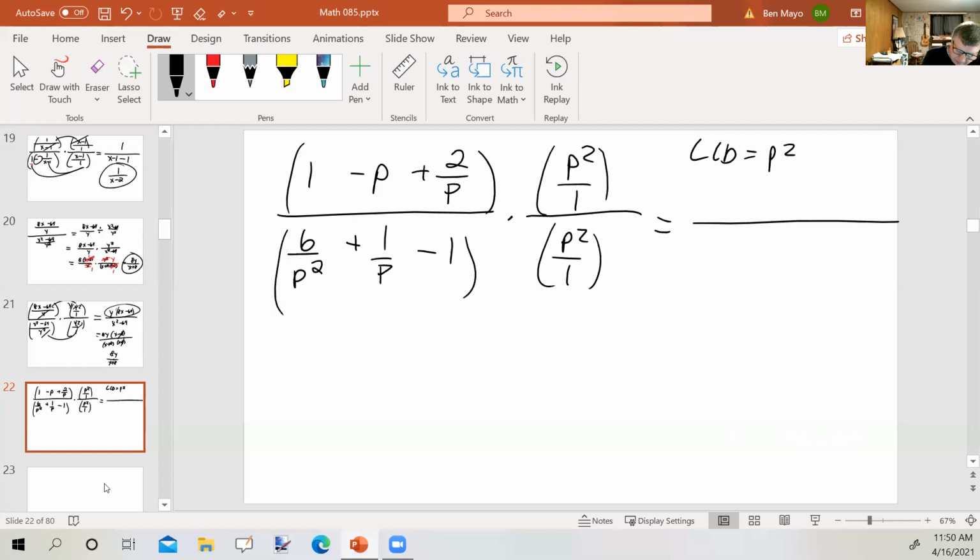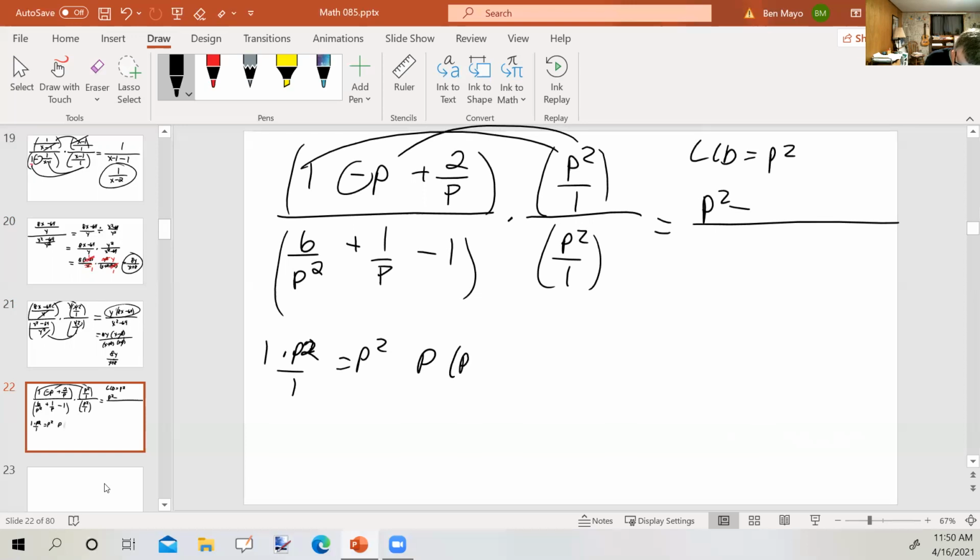Okay? So 1 times p squared over 1 is just going to be p squared, and then minus p times p squared over 1, which would be p cubed, and then plus 2 over p times p squared over 1, which would be minus 2p.